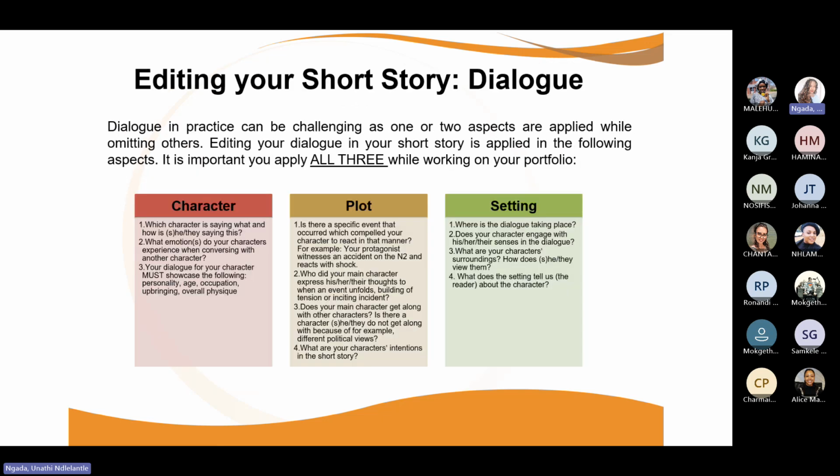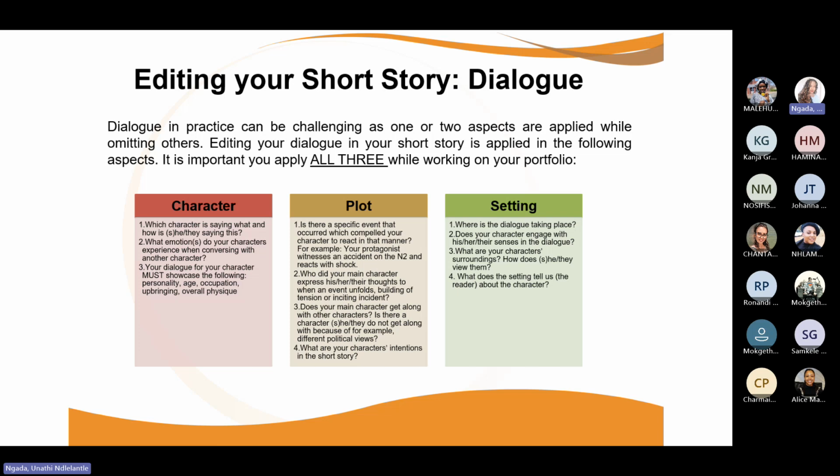Then with the dialogue, yes, dialogue can be quite challenging, because aspects of your dialogue, which are character, plot, and setting, you either omit them or you don't execute them properly. With the character, you need to decide which character is saying what and how that character is saying it.